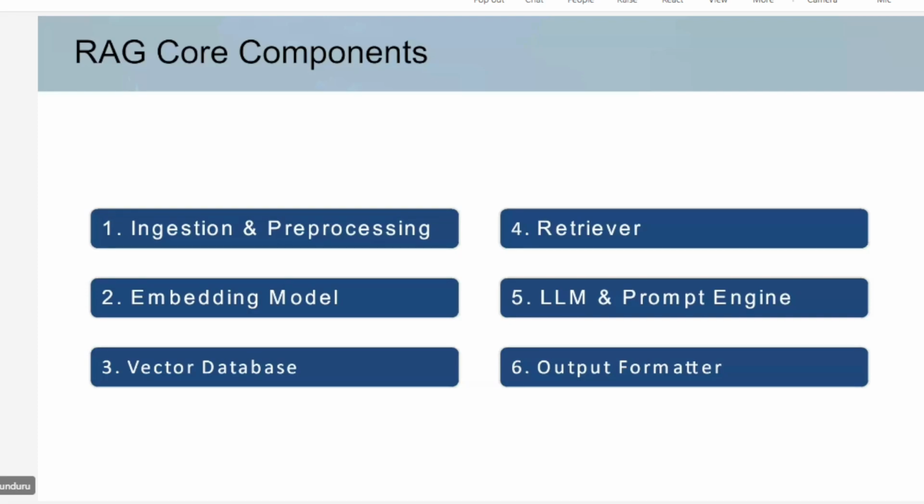The output formatter: after the inference, when the LLM generates the output, there could be a change in the expected format. Again, you will be matching that and generating it into a required format.